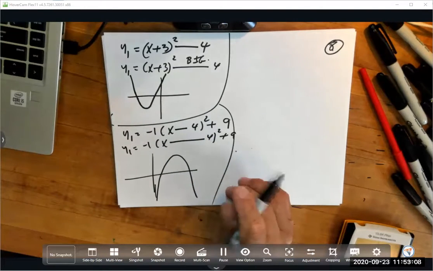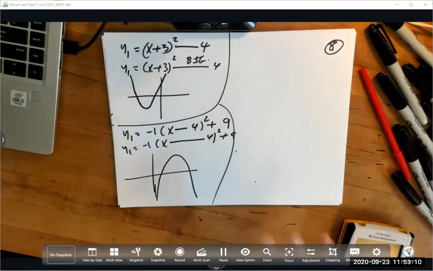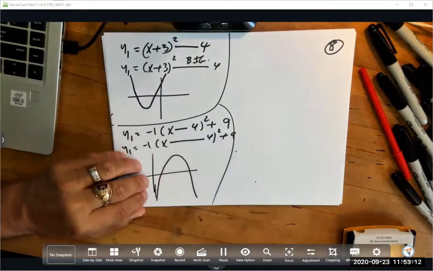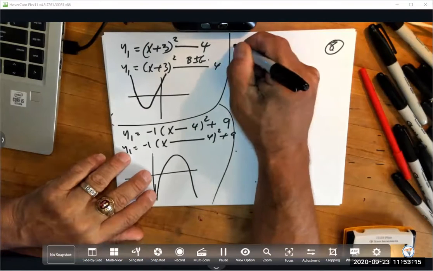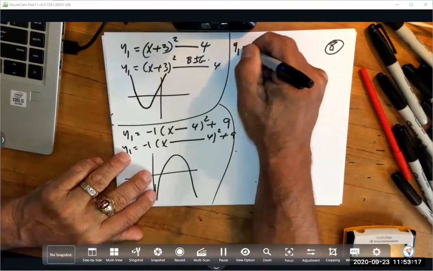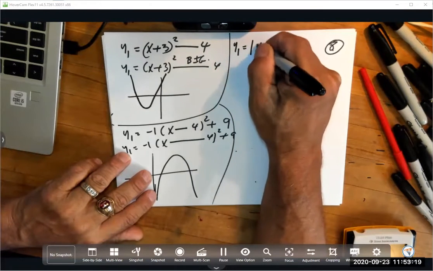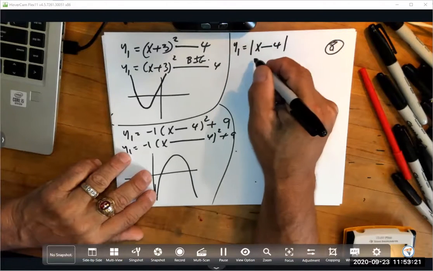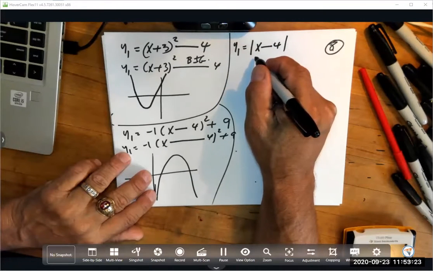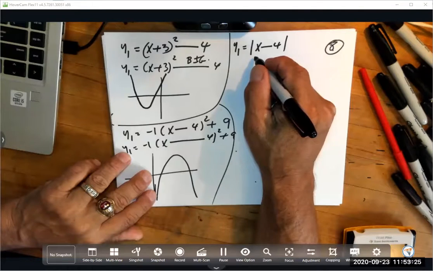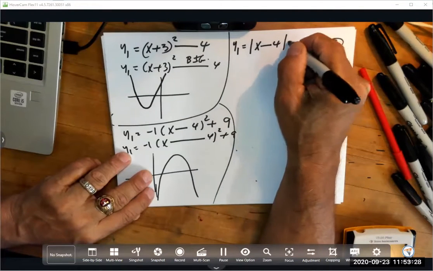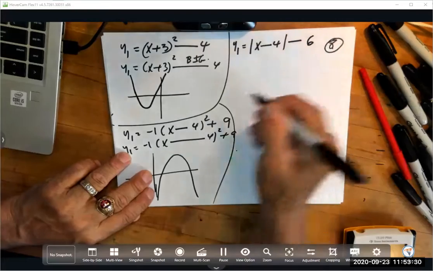All right. Let me do a couple more. I'll do page 8 and 9. I'll stop on page 9. Okay. Another one. Now I'm gonna do absolute value stuff. Ready? Absolute value of x minus 4. And then I'm gonna say minus 6.